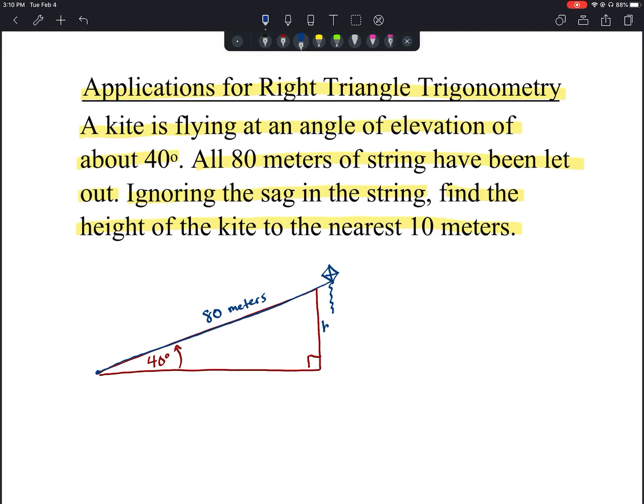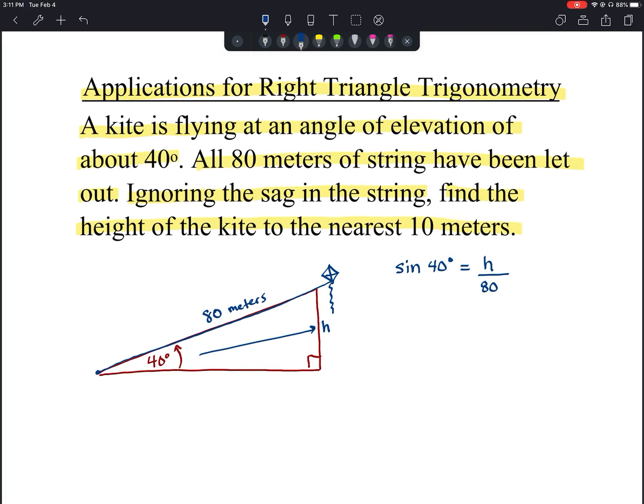So our height here is going to be this opposite side. How high in the air is it going to be? So it looks like we're talking about the opposite side and the hypotenuse. So we're going to be talking about our sine function. And we'll set this up as the sine of 40 degrees should equal our opposite side, which is h, over our 80 meters.